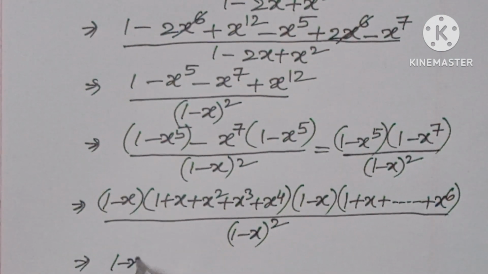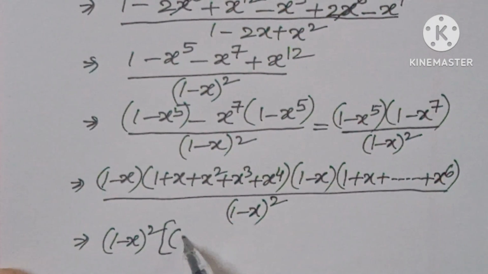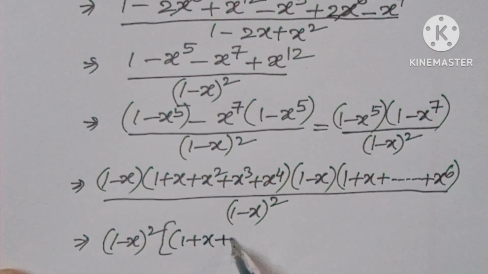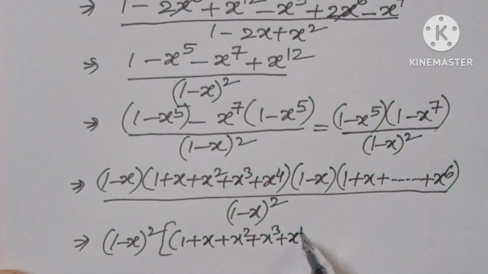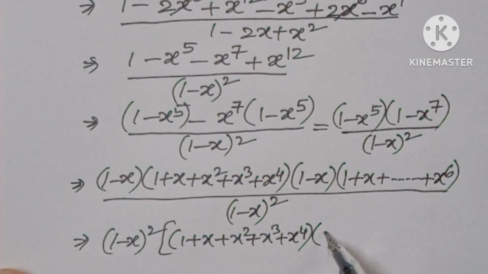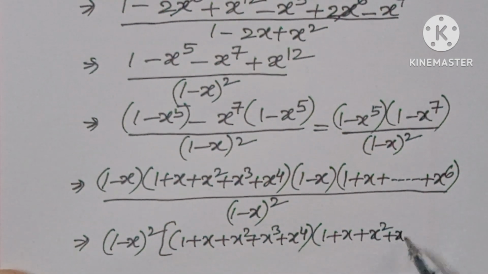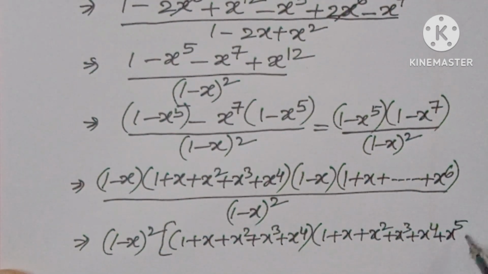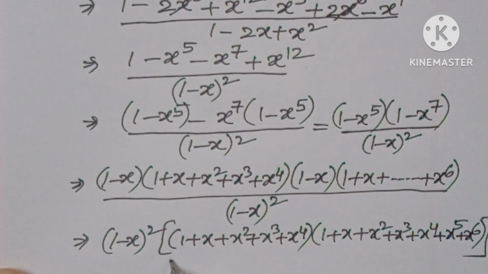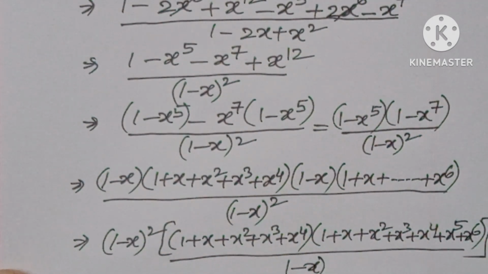Now this can be written as (1 − x)² into (1 + x + x² + x³ + x⁴), (1 + x + x² + x³ + x⁴ + x⁵ + x⁶) by (1 − x)².